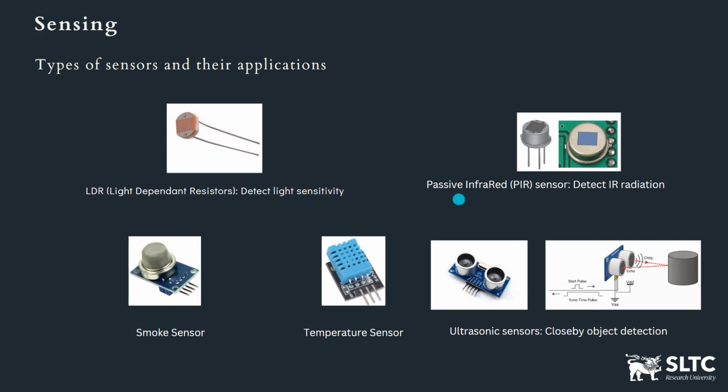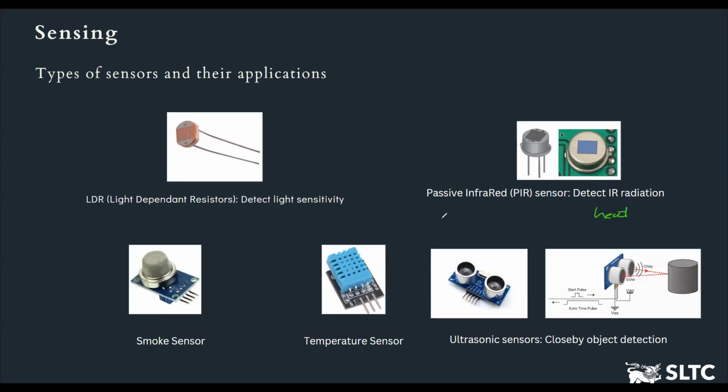And then we have passive infrared sensors, right? Passive infrared sensors are used to detect IR radiation or infrared radiation in the environment. Infrared radiation is mainly found in organisms, like it is used to detect heat in the environment.